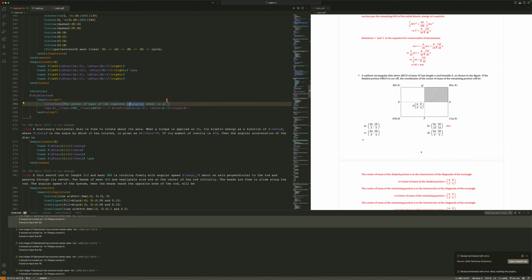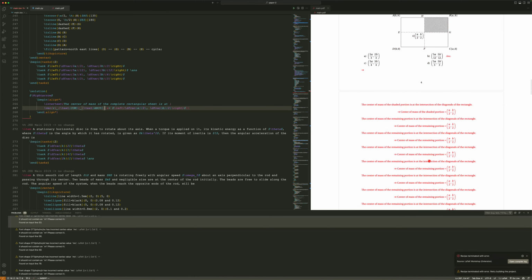I think spelling mistakes have not been an issue. Oh yes, we missed a bracket here and we put an extra bracket. Let's continue. No, very strong, man.